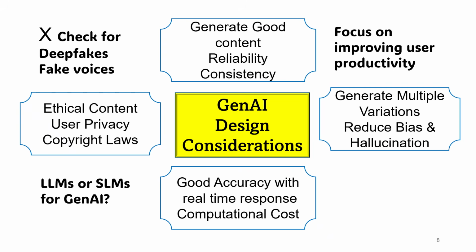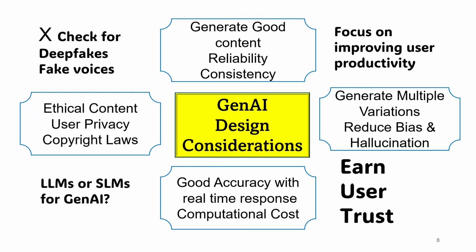So while designing the GenAI system, the developer has to check the model training dataset. Remove stale data from the training dataset. Include data from trusted sources in the training dataset. Finally, an important goal of GenAI design consideration is to focus on improving user productivity and earn user trust.